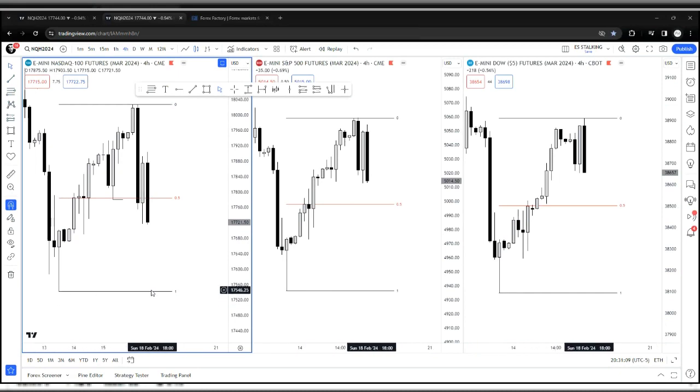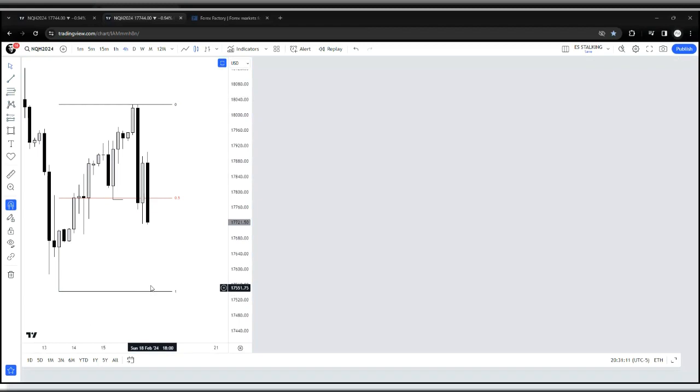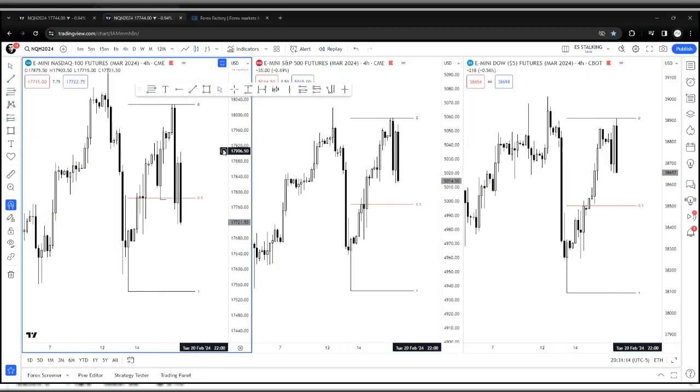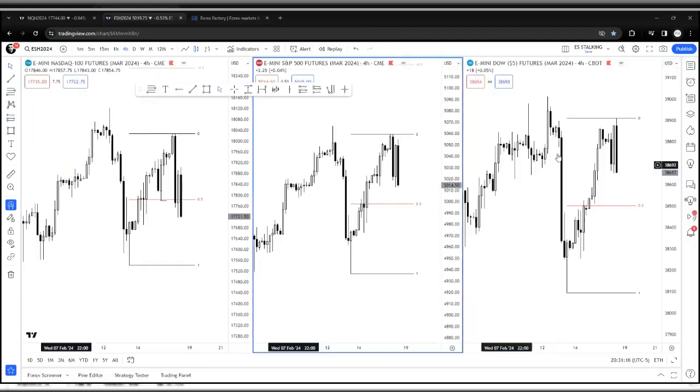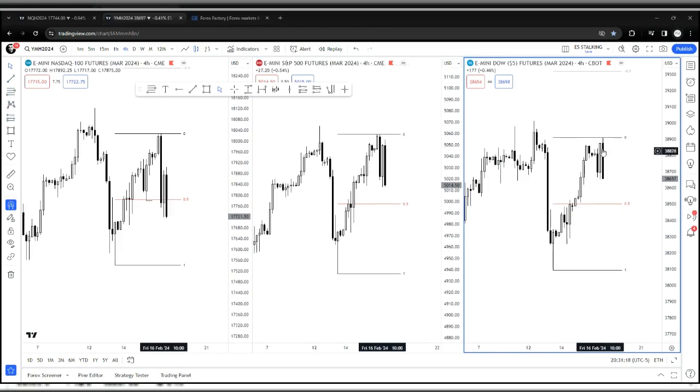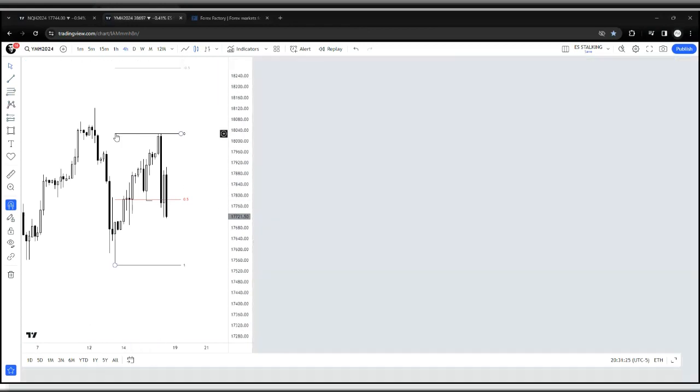Remember what we were talking about. And vice versa, you could do the same thing with your fibs, even with this high right here. So you could do this as well.